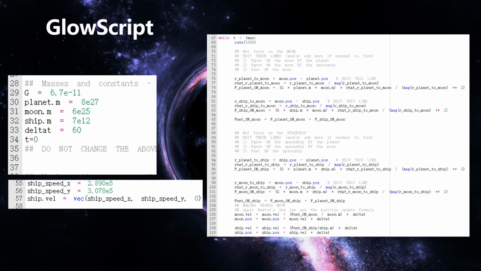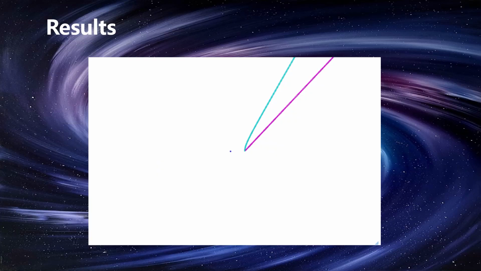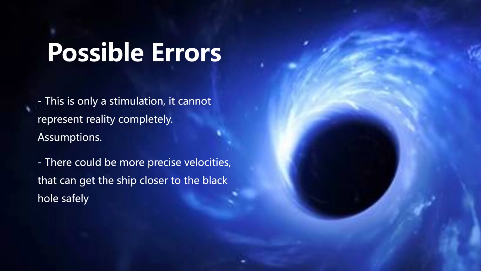And then I edited these parts of the code. And then this is what I got as my results. It's the closest I can get to having it go around the black hole and then leave.